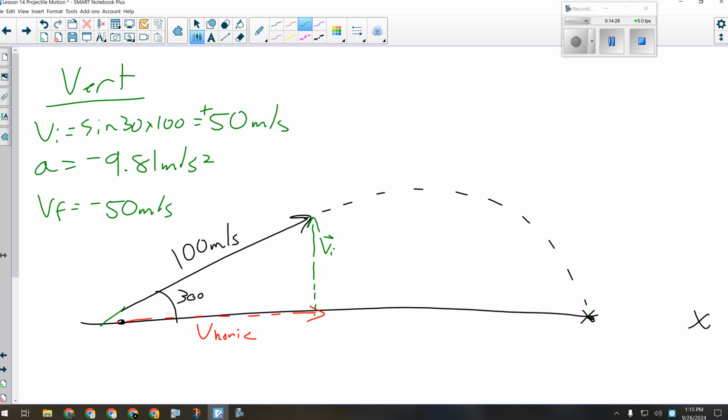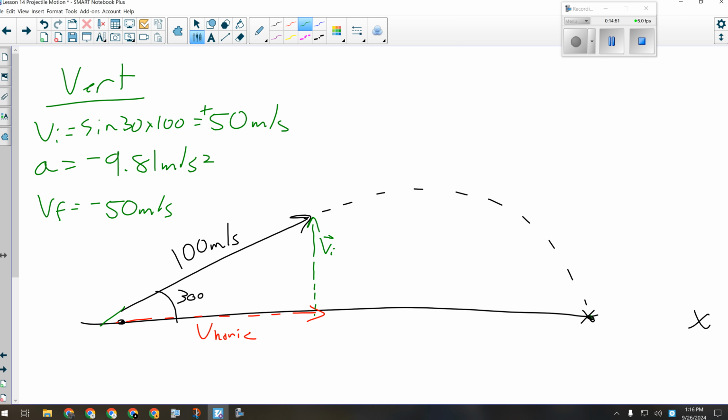So knowing that you can now calculate time, here's what I want you to do. How far horizontally is this object going to fly? How far from the launch point is it going to fly before it comes back to the ground?